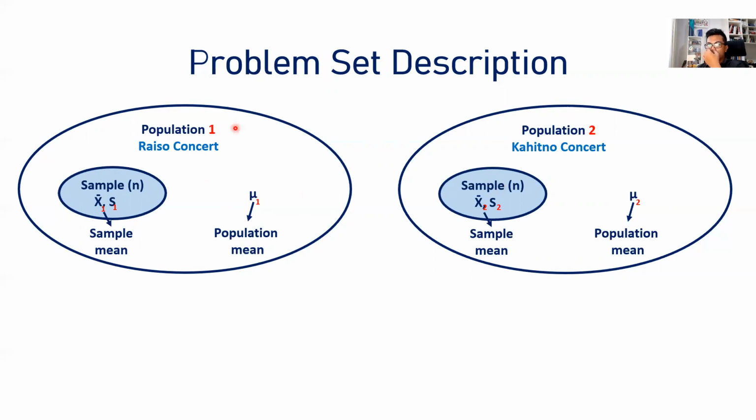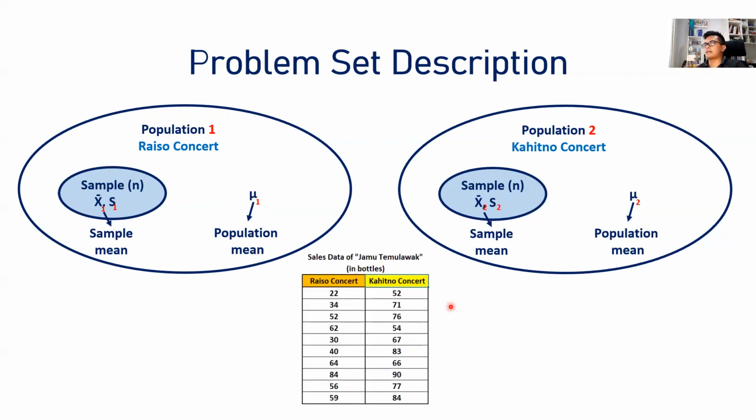To check the claim, we pick sample data points from Raiso and sample data points from the Kahitno concert. Here is the record. From the Raiso concert, the first data point is 22 sales.